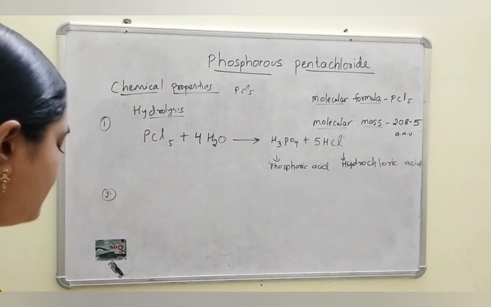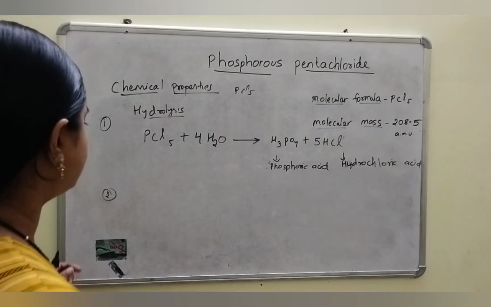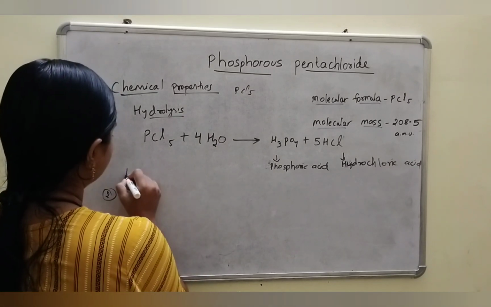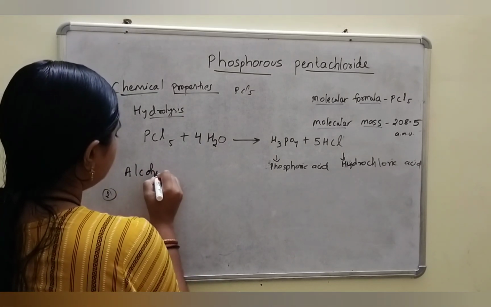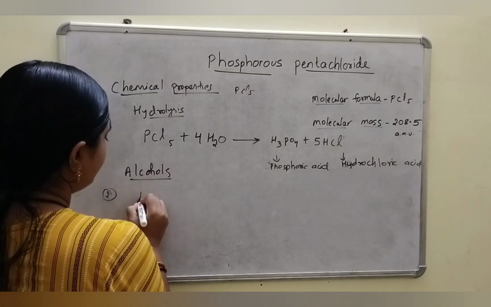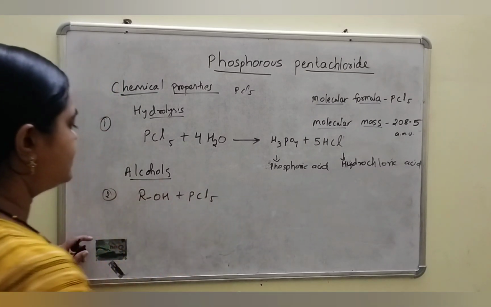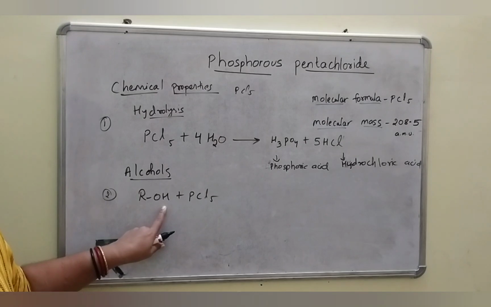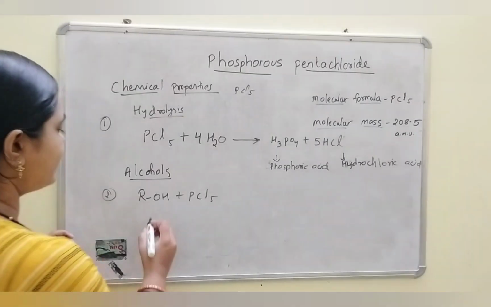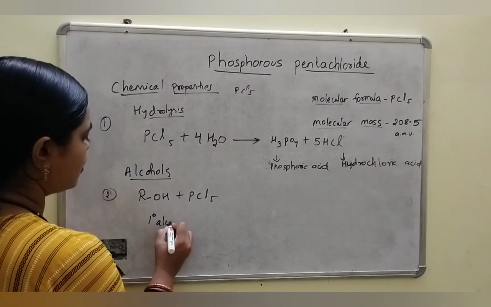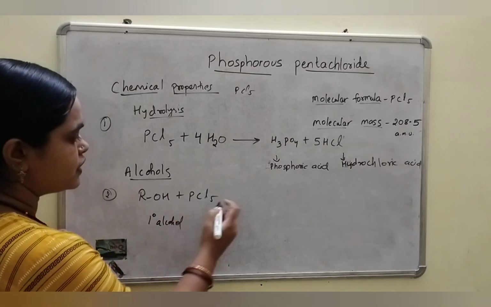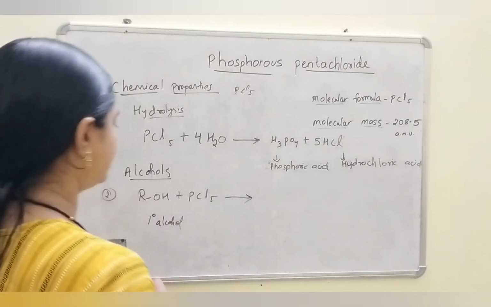And the second chemical property is reaction with alcohols. When primary alcohols are treated with phosphorus pentachloride. See, this is a primary alcohol, OH group combines with only one alkyl group. Primary alcohols react with phosphorus pentachloride.